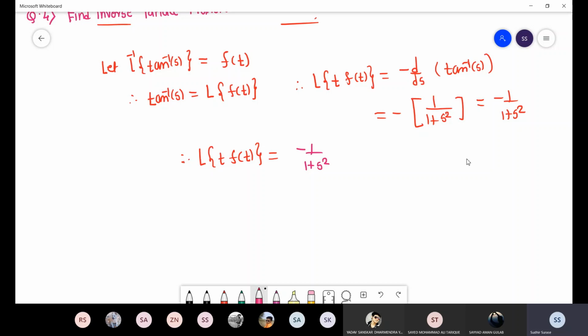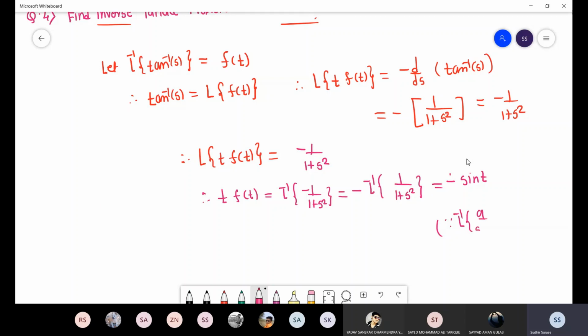Next what? That's the inverse, sir, we will shift it there. Yes, s square plus 1 gives sin of t. Laplace inverse of minus 1 upon 1 plus s square. Very good. Now take the minus outside. So Laplace inverse of 1 upon 1 plus s square is nothing but minus times sin t, since the Laplace inverse of a upon s square plus a square is sin at, right?